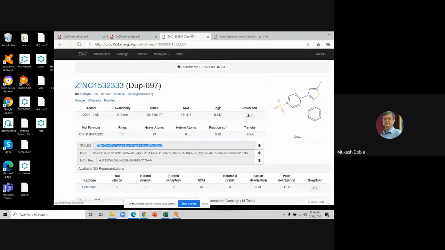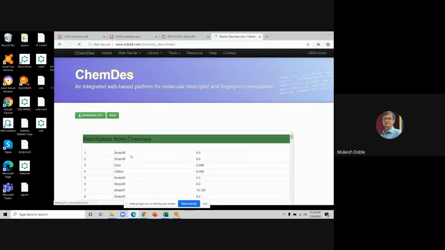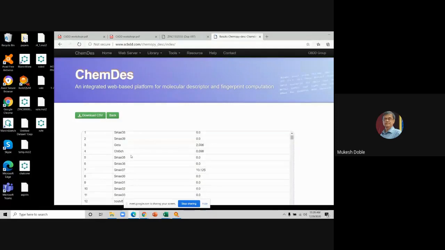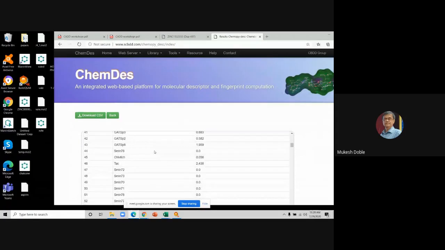I can put that here, and then I can get the descriptor information. Okay, so again I can download it as an Excel file. Like that I can keep doing it for all the 5 molecules.